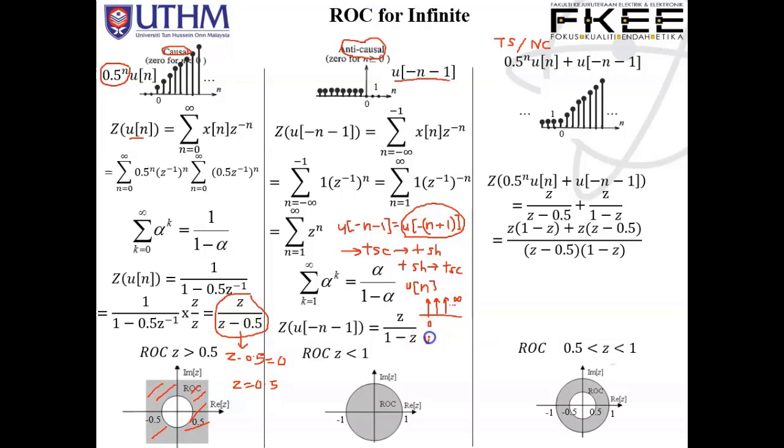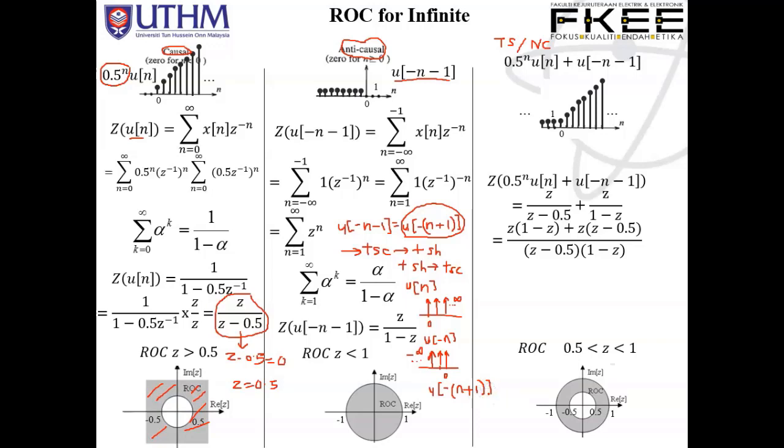Then for the time scaling, I have u[-n], where I reflect the signal at n equals 0, and the positive range becomes the negative range of n. So this is the location of n equals 0. Next I do the time shifting, which is u[-n+1].